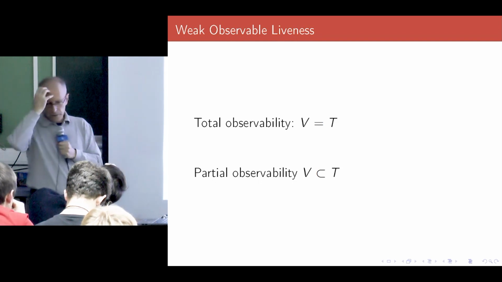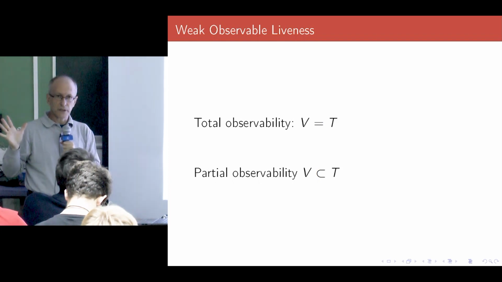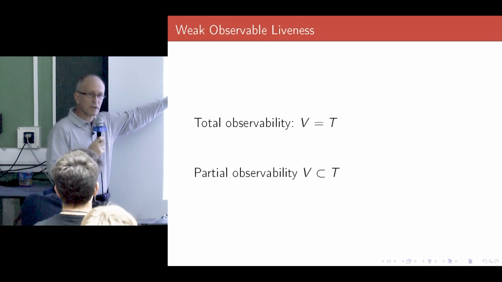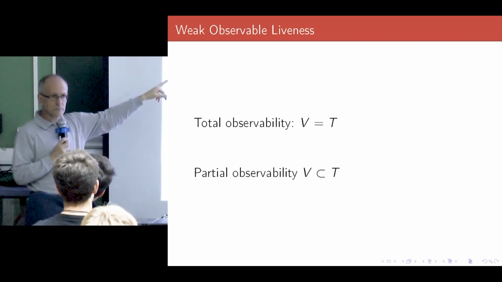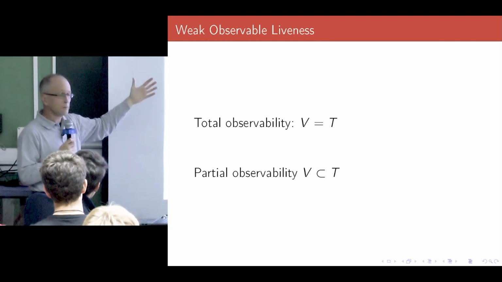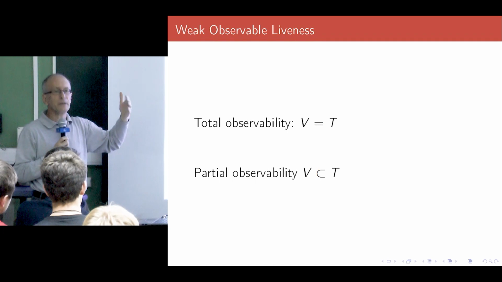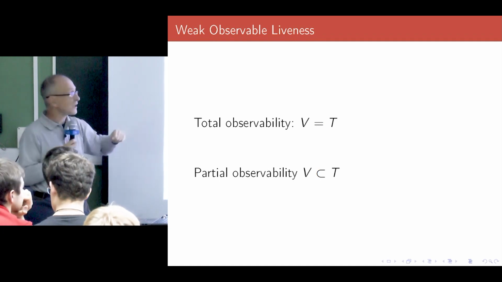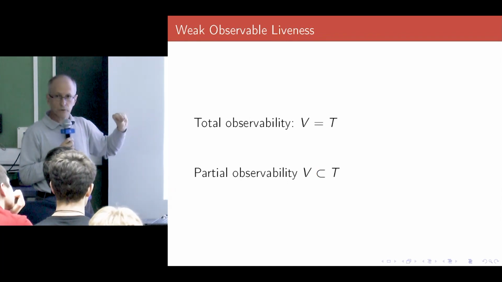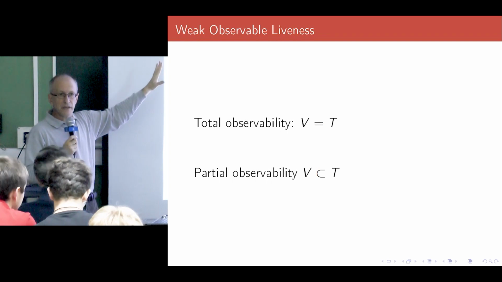Now, we can think of two special and interesting cases. One is actually the general case, the case of partial observability. So, as we said from the beginning, here we suppose that the player will observe only a part of the transitions. But in trying to apply the game on unfoldings to this problem, we started with the easy case.